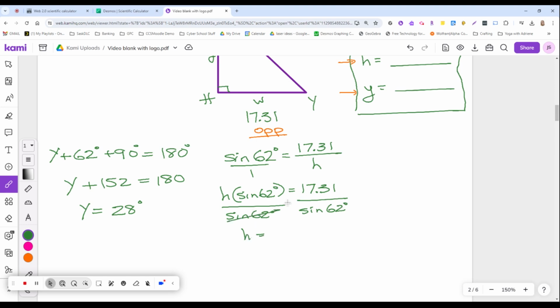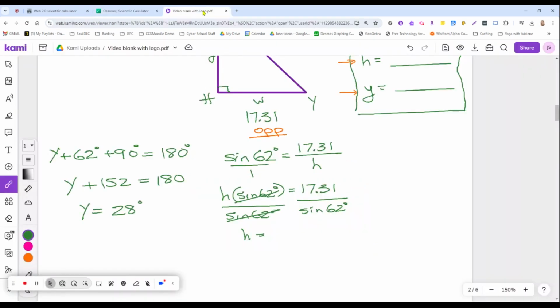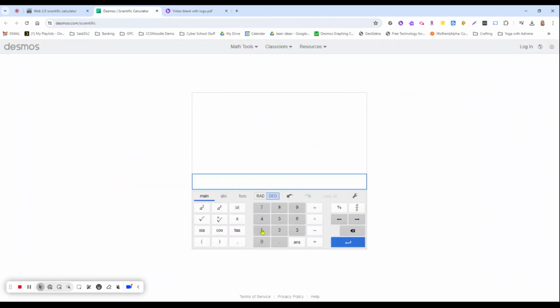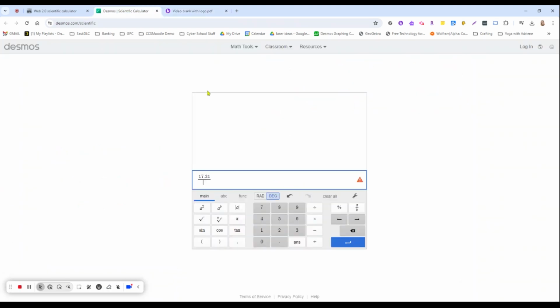So to find H, I need to do this math in my calculator. So I go find my calculator and I need to clear this all up. There's a couple of ways to do it. I'm just going to go ahead and go 17.31 divided by, and we are going to go, make sure I find this right, sine of 62.